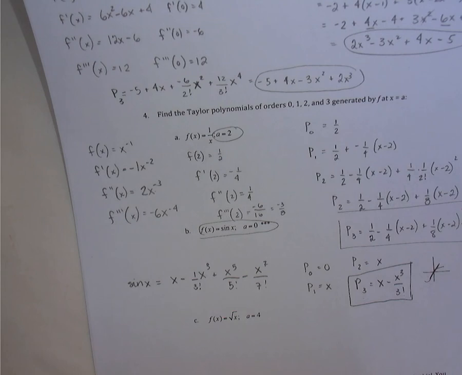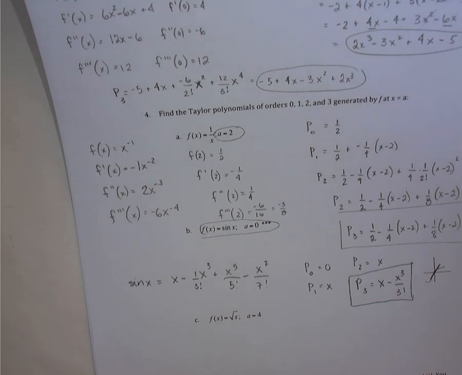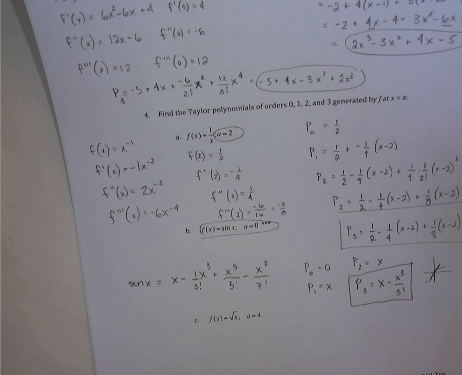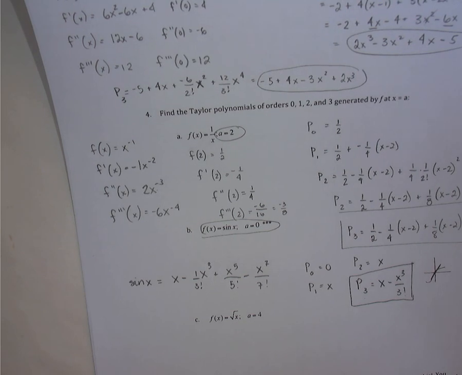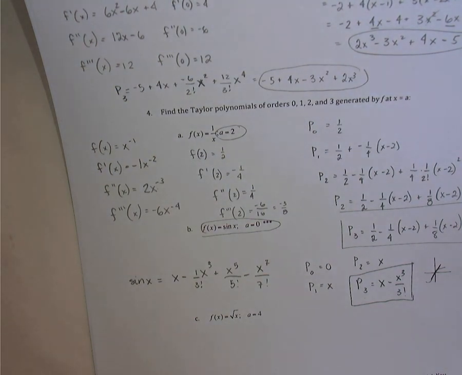So the expansion for cosine should be the same as the derivative of the expansion for sine, which is 1 minus 3x squared over 3 factorial plus 5x to the 4th over 5 factorial minus 7x to the 6th over 7 factorial. This ends up being 1 minus x squared over 2 factorial plus x to the 4th over 4 factorial minus x to the 6th over 6 factorial, which is in fact the expansion for cosine. I'm going to stop right now and come back and do C later.